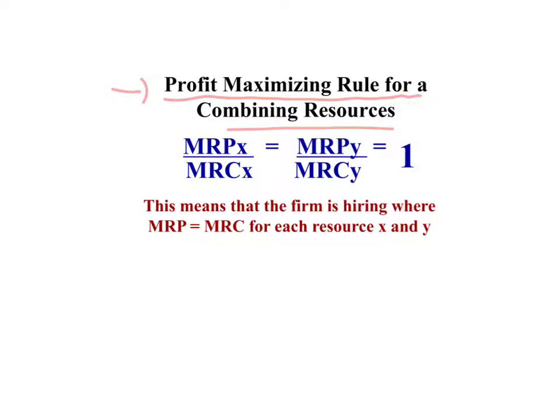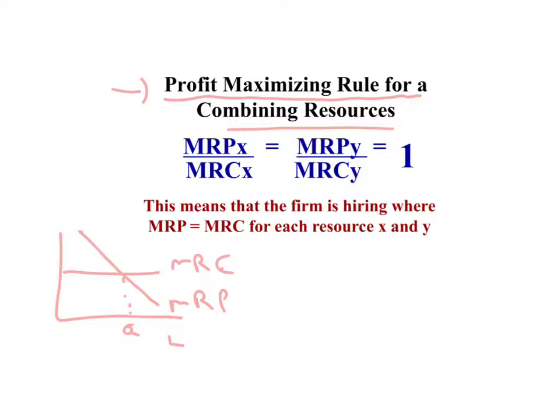Think of it like this. Maybe this particular rule suggests that if a firm is profit maximizing, and we kind of know what this looks like, right? If we have a firm that is hiring workers, and this is MRP, and this is MRC, we know that a firm hiring workers will purchase the quantity of workers where MRP is equal to MRC. If that's true for labor, then a firm is profit maximizing when they purchase that quantity of labor.